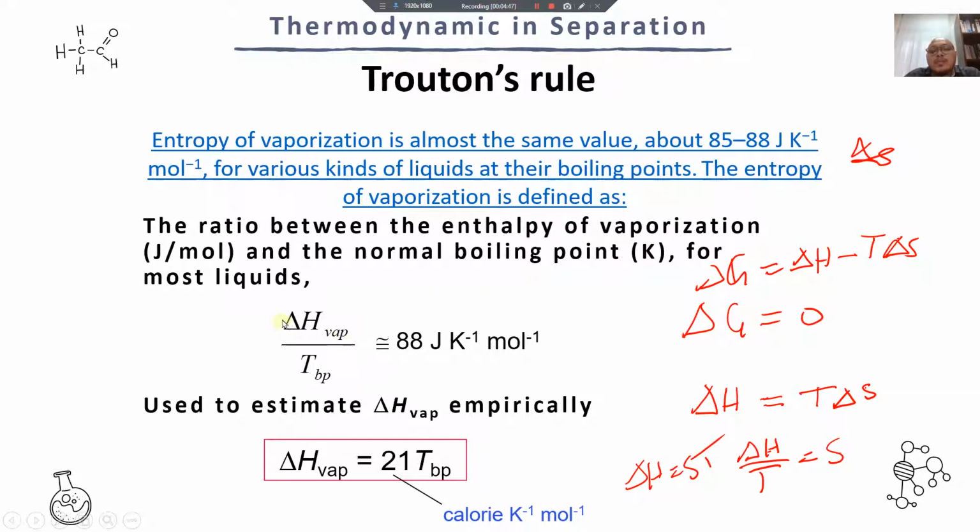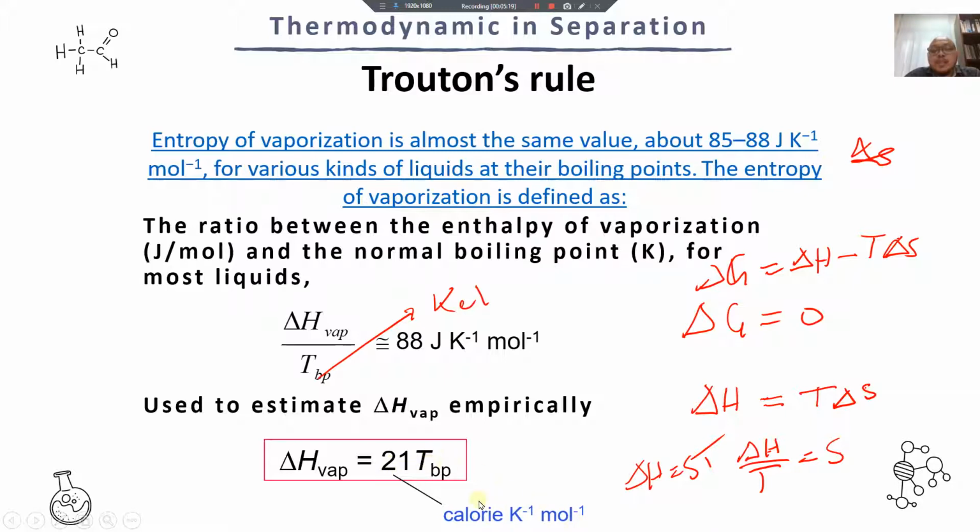So you can calculate the change of heat at vaporization by multiplying by the boiling point of that particular solvent, and then you get J per mole. Make sure you calculate in Kelvin. Of course, if you use the unit calorie per K per mole, you need to use 21.